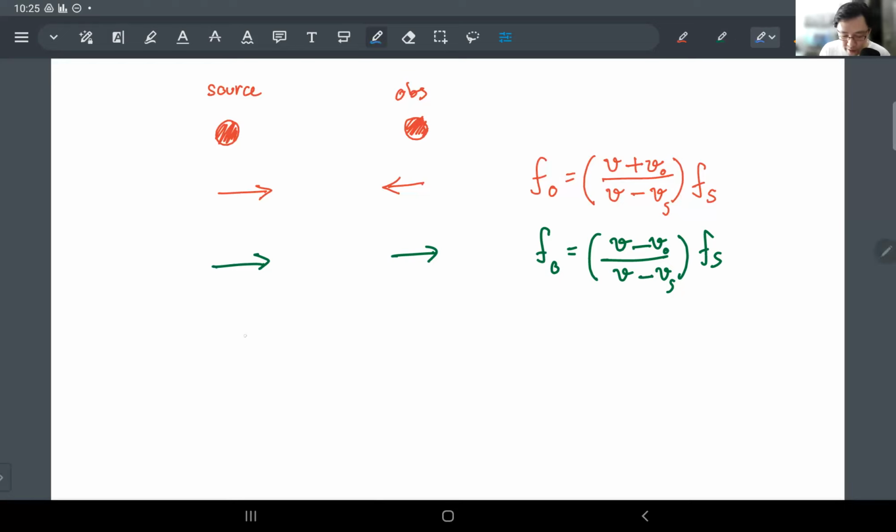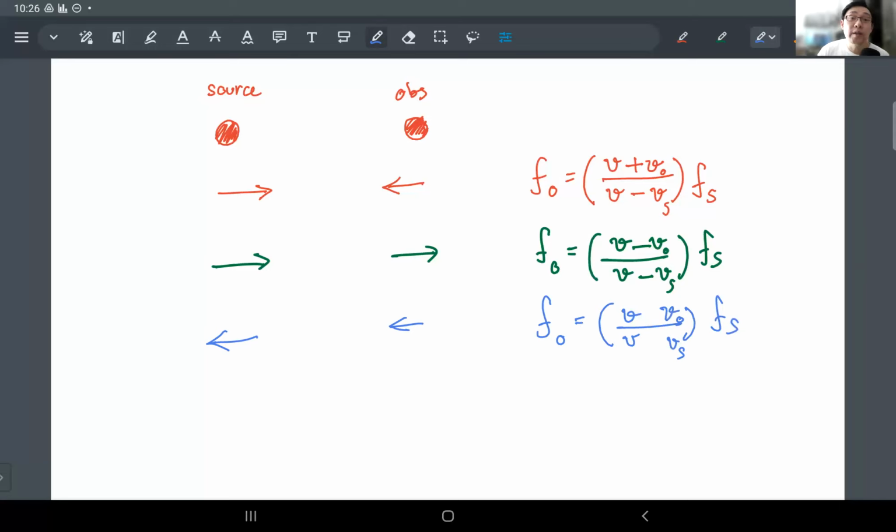You start to get the feeling of what is going on. Now the source is running in one direction and the observer is running in the same direction instead. So in this case, once again, it's going to look like this all the time. And then now look at the observer side.